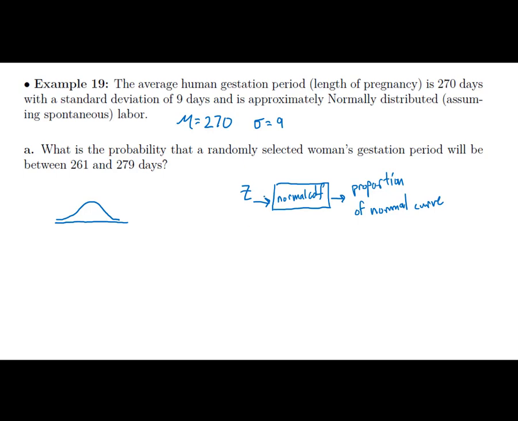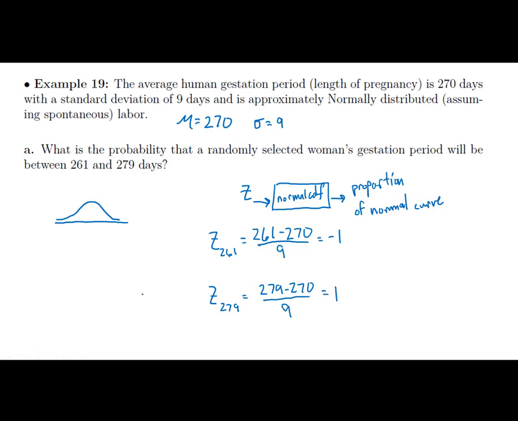So I'm going to need to find the z-scores for these values in order to apply the normal CDF to those. I can do that. I know my mean and my standard deviation, so the z-score for 261 is 261 minus 270, all divided by 9, which gives me -1. And the z-score for 279 is 279 minus 270, all divided by 9, which is equal to 1.